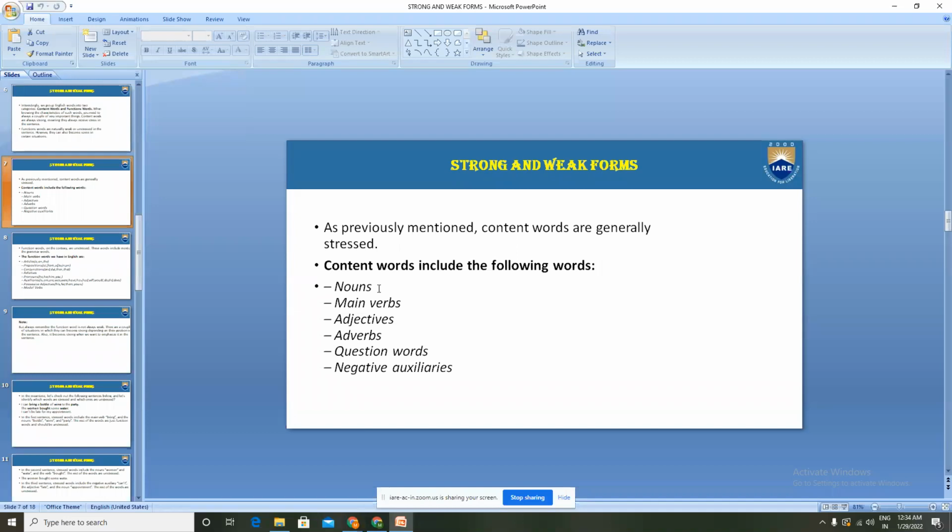They are generally stressed, strong forms. Again, main verbs. We know what verbs are: working, walking, running, cooking, playing, studying. All these are main verbs. We have to put force on them.